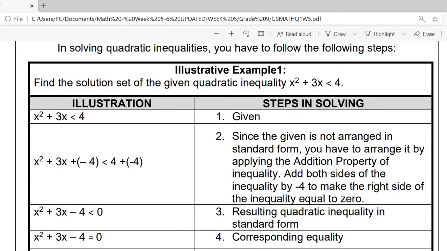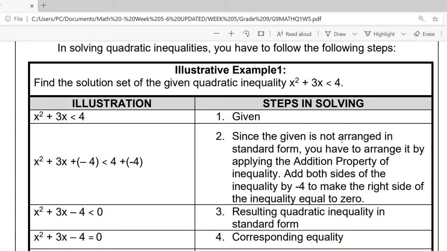In solving quadratic inequalities, you have to follow the following steps. How do you find the solution set of the given quadratic inequality x squared plus 3x less than 4? Number 1, our given is this one.